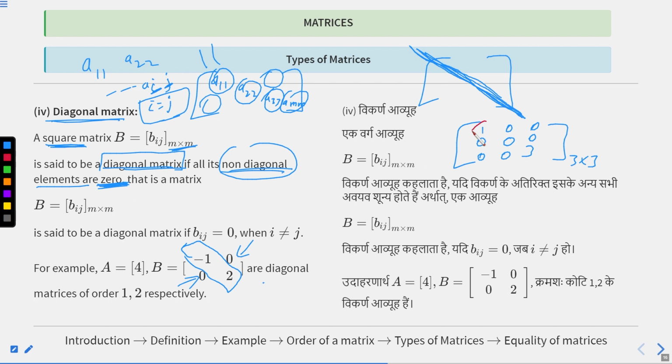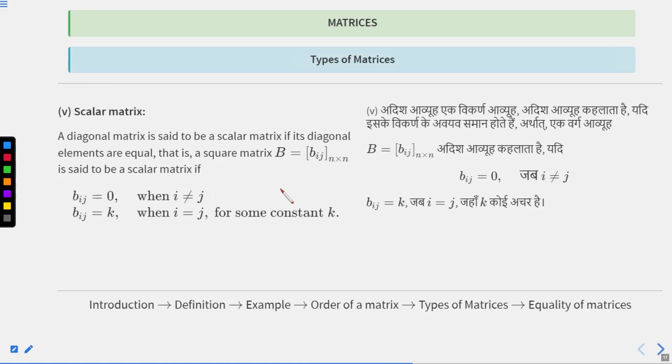There is no restriction on whether the diagonal elements can be 0 or not. The restriction is just that non-diagonal elements must be 0. That's it. So this is also a diagonal matrix.